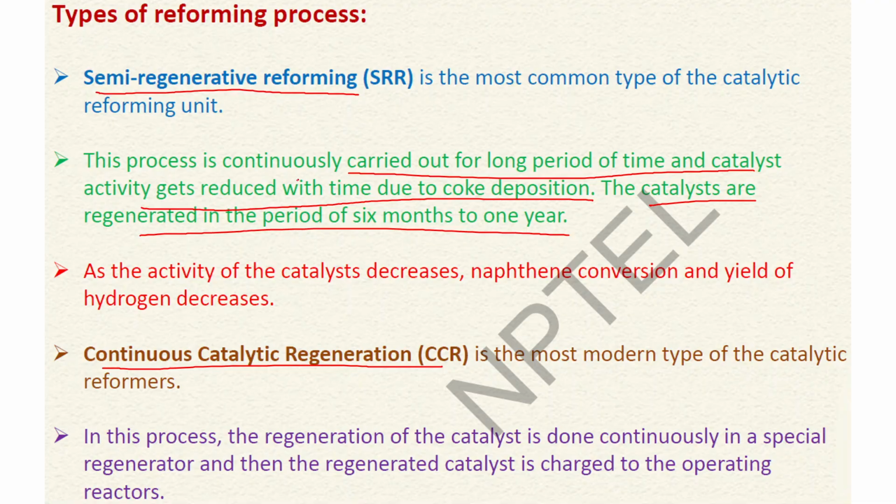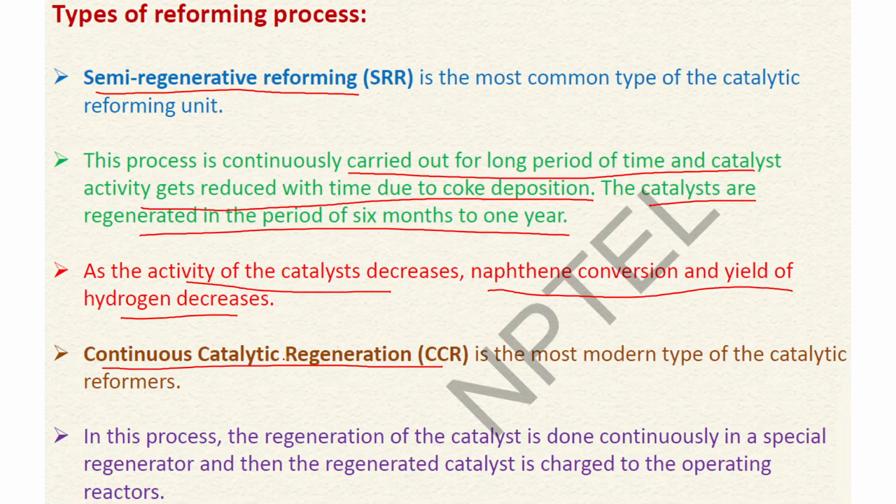As the activity of the catalyst decreases, the naphtha conversion decreases. What is the disadvantage? As continuous reforming takes place on the same catalyst and coke deposition keeps on occurring, with time the activity of the catalyst is decreased. With that, the naphtha conversion and yield of the hydrogen are also decreased. Meaning the reforming yield as well as the hydrogen produced decreases.